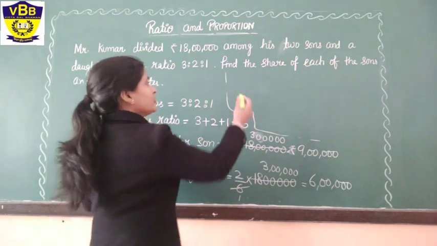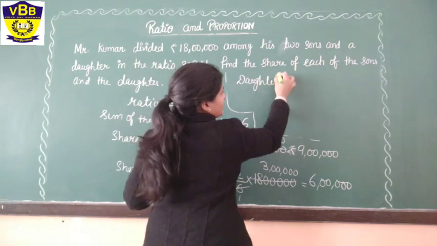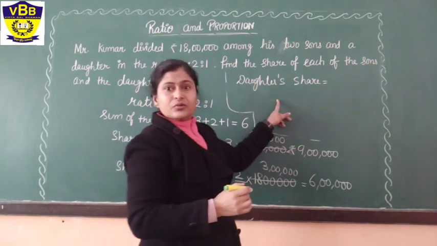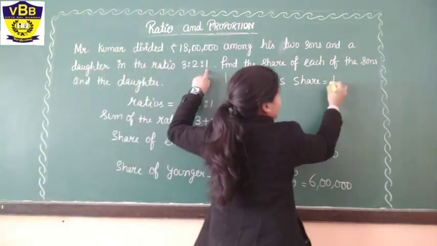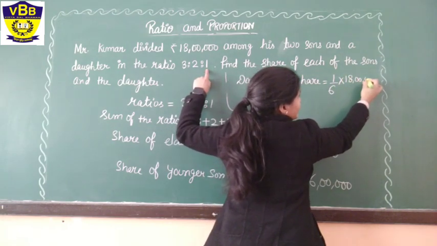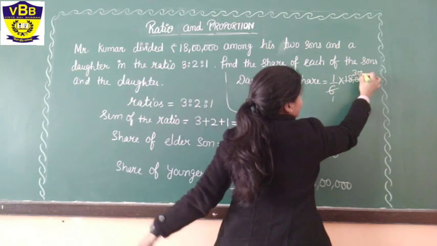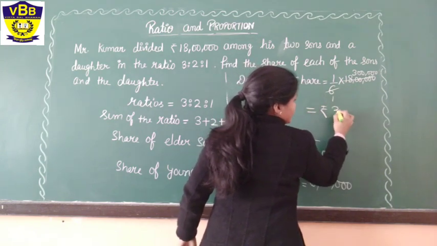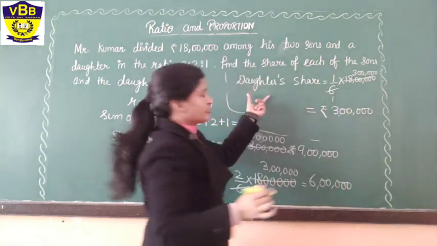Okay. Now the daughter's share. Daughter's share is equal to 1 by the sum of the ratio 6 into 18 lakh. 6 threes are 18, so 3 lakh is the share of the daughter.